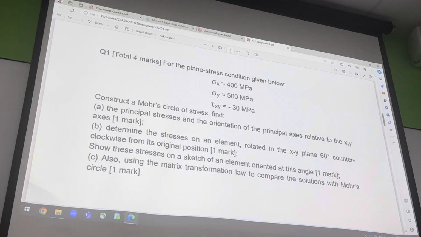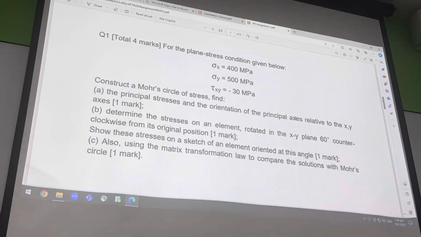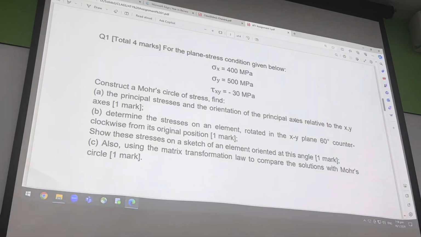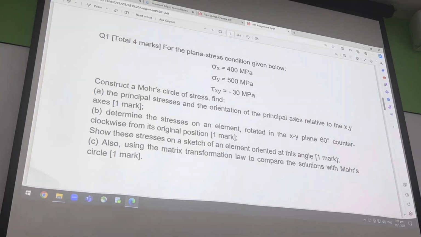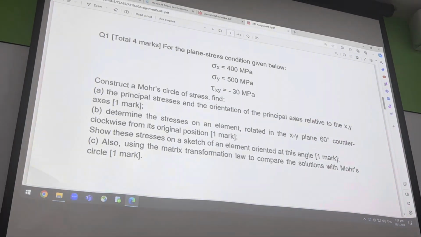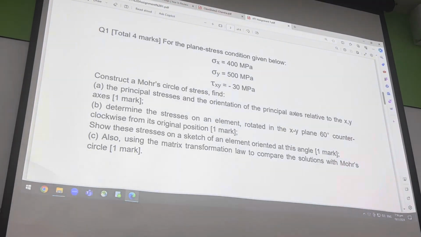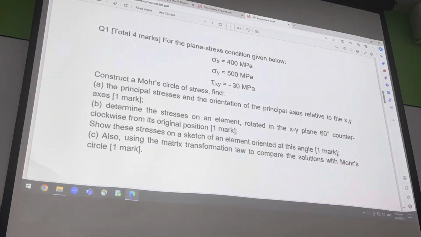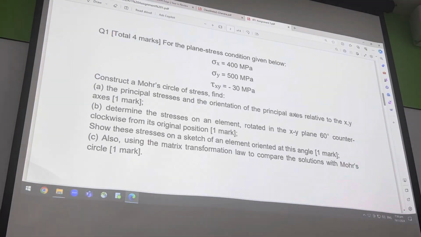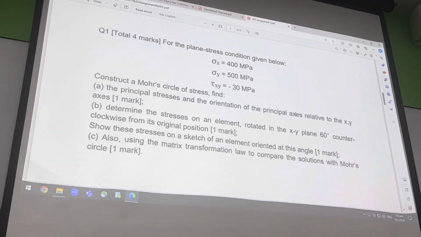So my point is, don't underestimate your assignments. Do your assignments legibly, clearly, with understanding. Don't just do it anyhow and submit, because we will be looking for where we can cut marks.